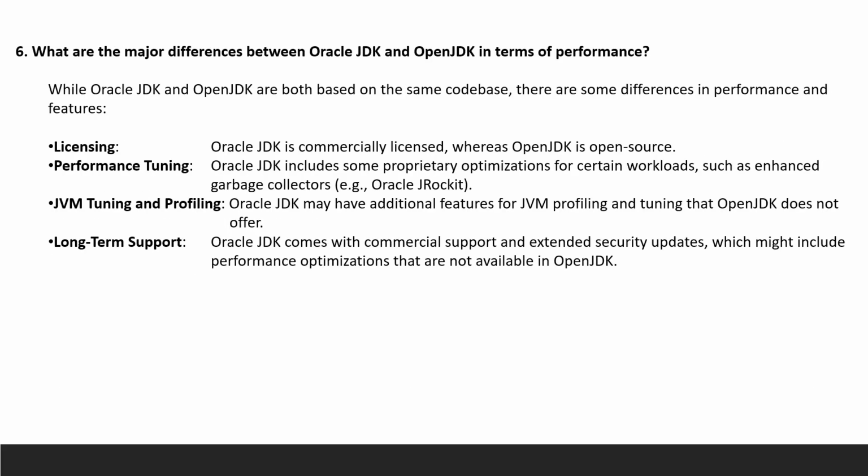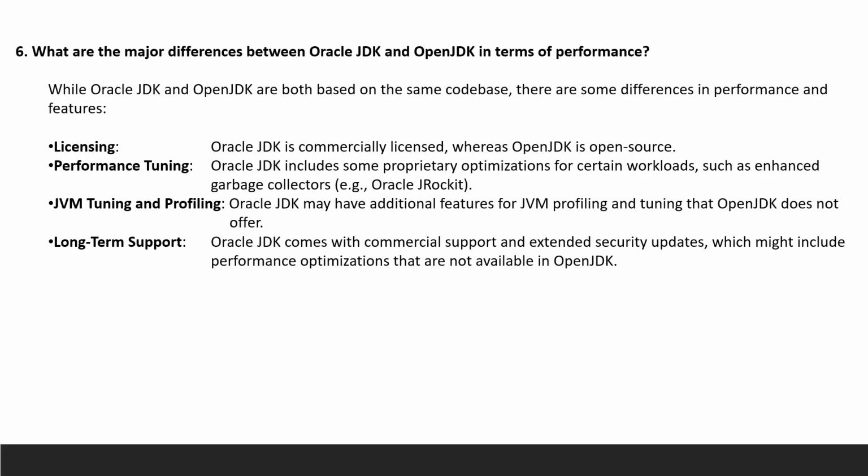So the next one is: what are the major differences between Oracle JDK and OpenJDK? If you mention in your resume that you worked on a migration from Oracle JDK to OpenJDK, then definitely they will ask such questions. Majorly, licensing. Oracle JDK is a licensed one from Oracle.